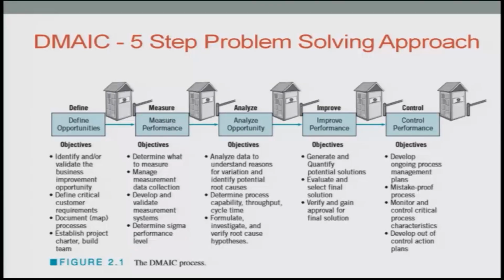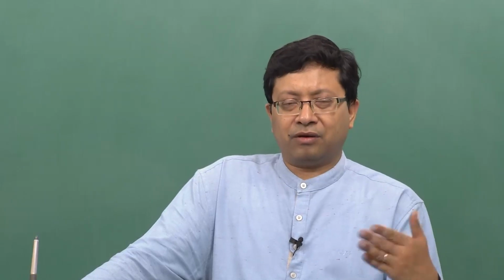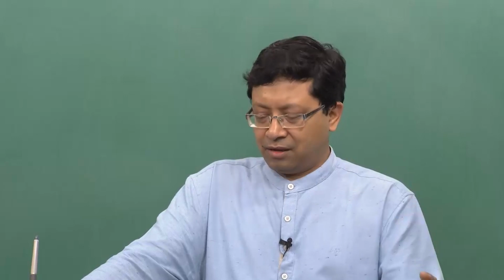And then after the final solution and its approval have been done, you come to the last step, which is the control step, and the objectives under the control step are to develop the ongoing process management plan. So, it is implementable cycle after cycle.